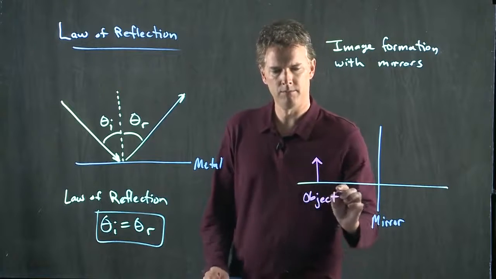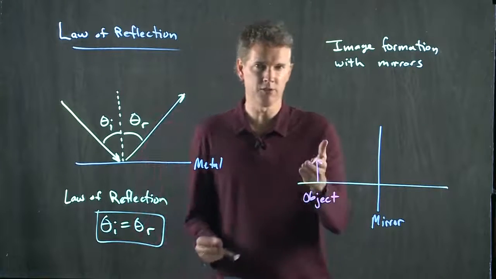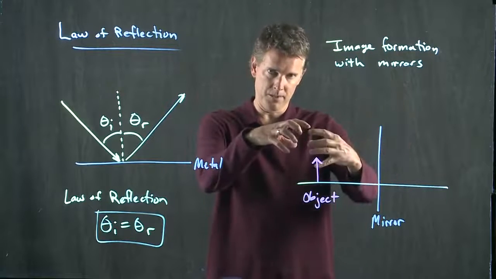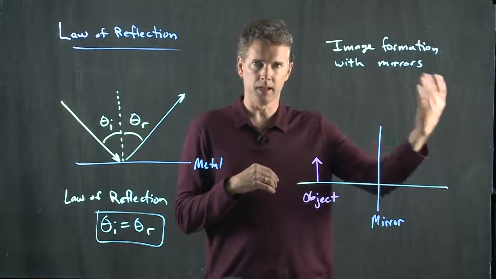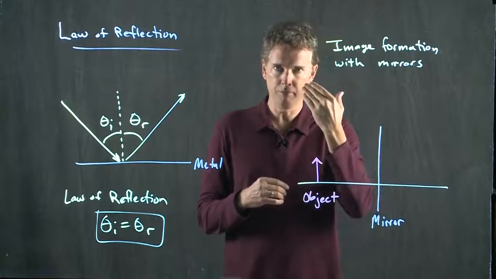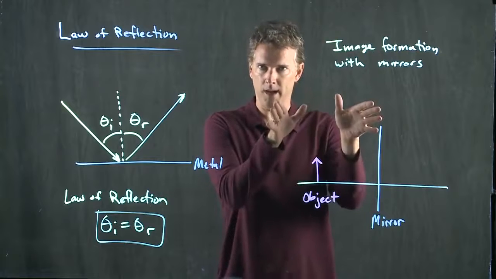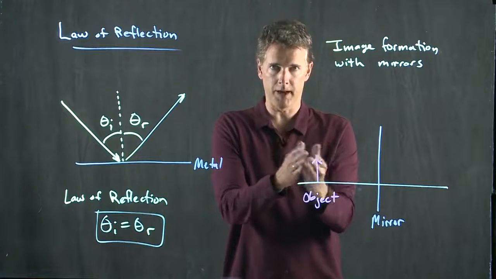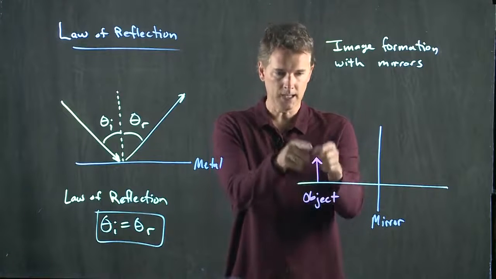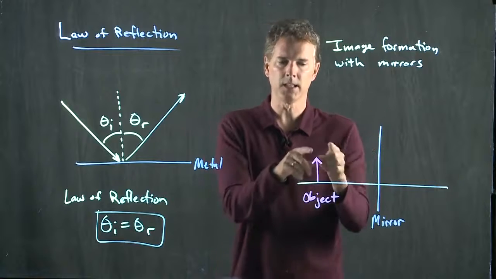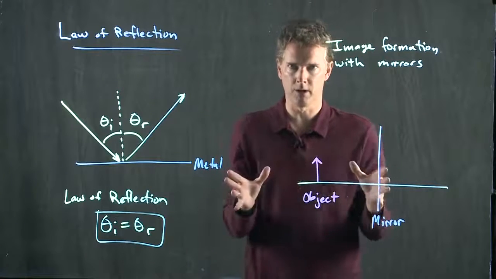Well, first of all, how are those rays generated at all? Light illuminates the object, just like light from these lamps is illuminating me. Every single point of me is reflecting rays in all directions. So if this is an arrowhead object, light that is hitting the tip will go off in all directions. Light that is hitting the base will go off in all directions.